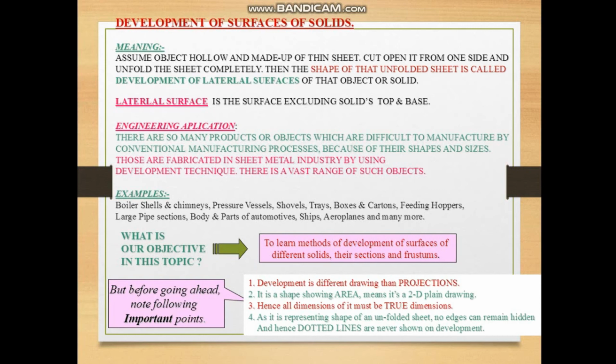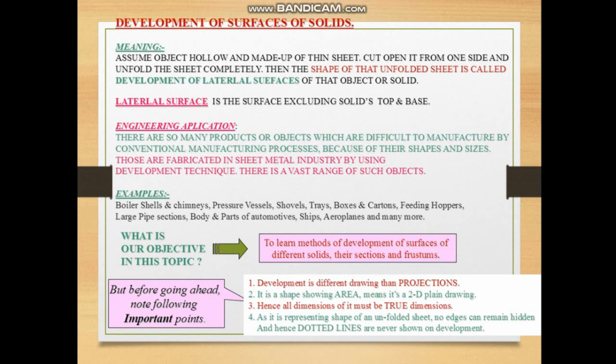The objective of this chapter is to learn methods of development of surfaces for different solids, their sections and frustums. The important point is that development is a different drawing from projection. It is completely different from projections.